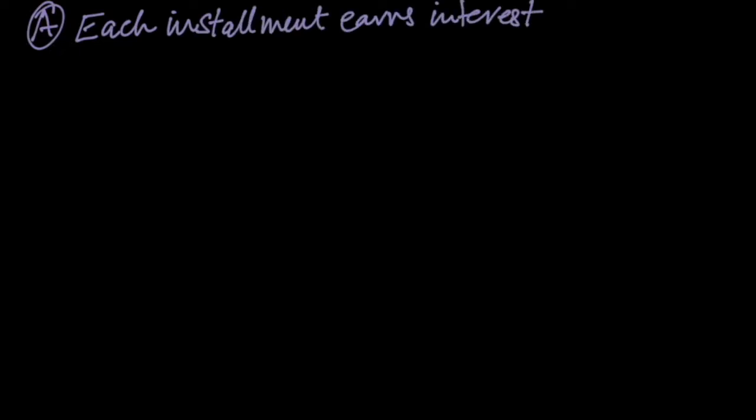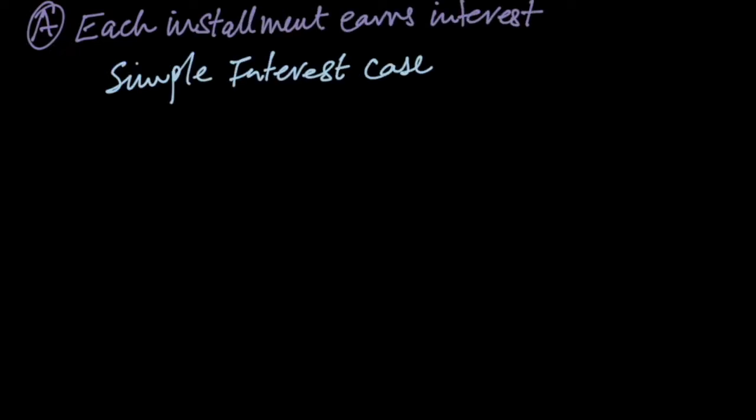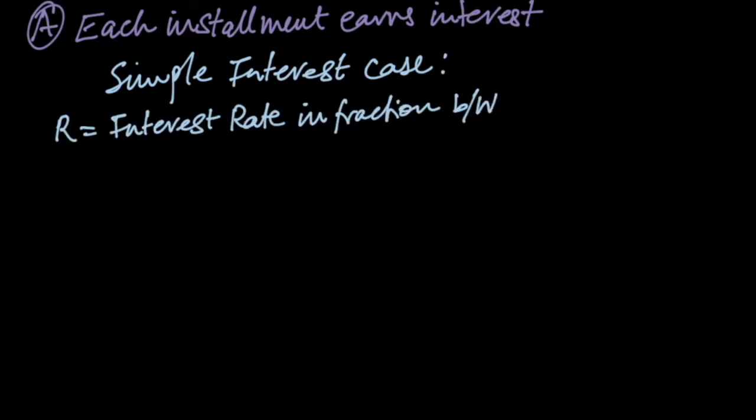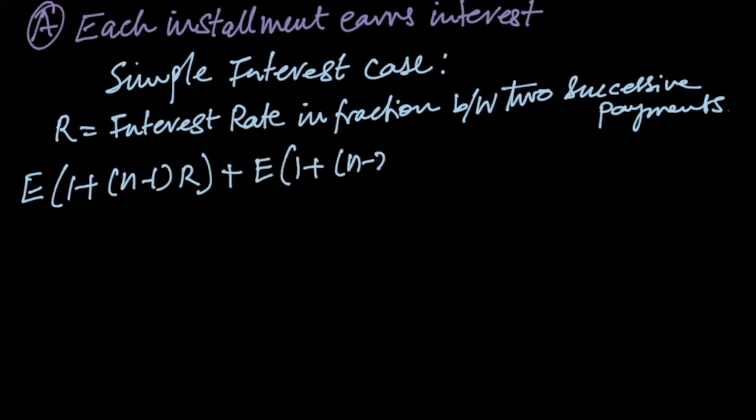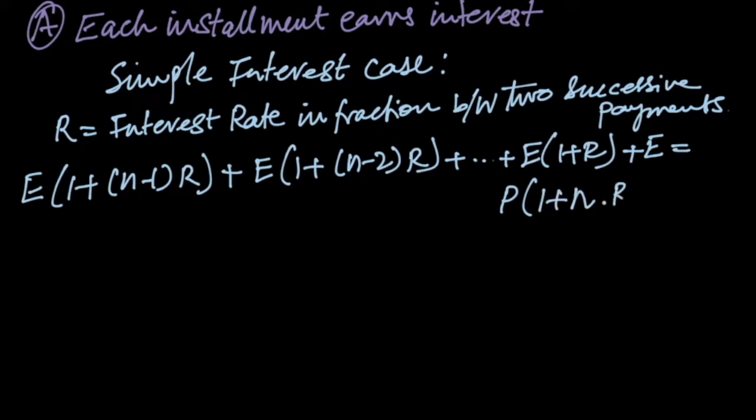If the installment earns simple interest, then here again, instead of using rate as a percentage, we are using rate as a fraction between two successive payments. The first installment earned interest for n-1 time periods, and the second one earned interest for n-2 periods, and we keep on doing it. At the end it should be the simple interest of the original principal amount.